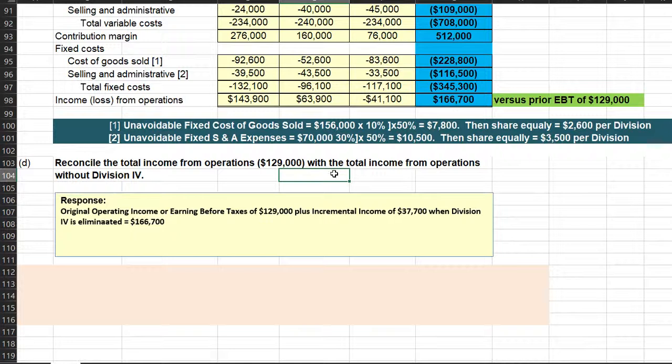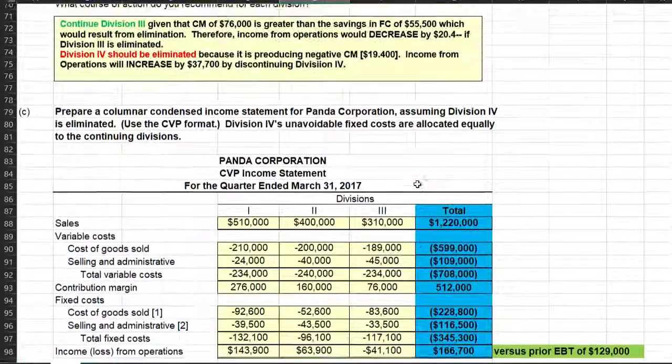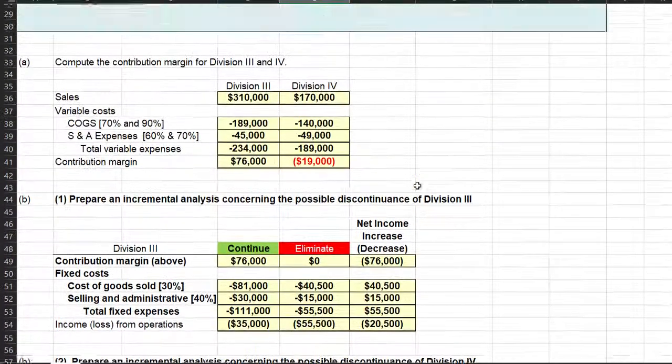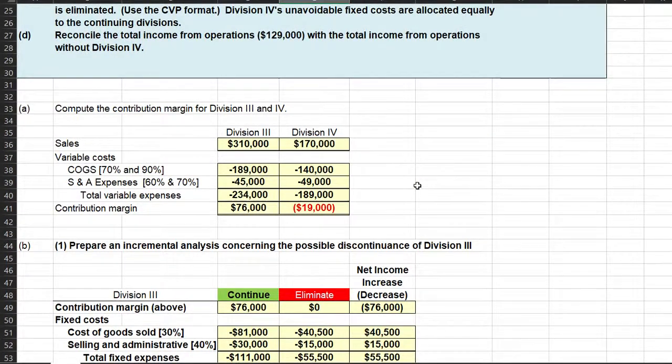Again, incremental analysis at this level, at the quantitative level, doesn't factor in the qualitative factors: impact on employees, impact on society. But strictly based on the numbers, Division 4 would be the one on the chopping block, and as a result we would have an improvement in the overall profitability or profit of the company.